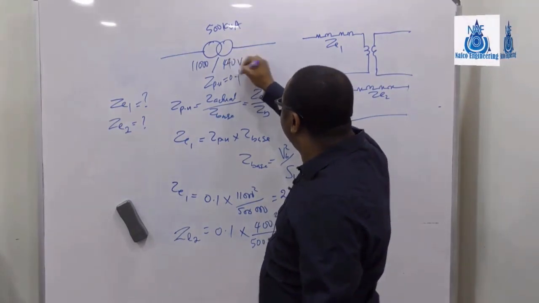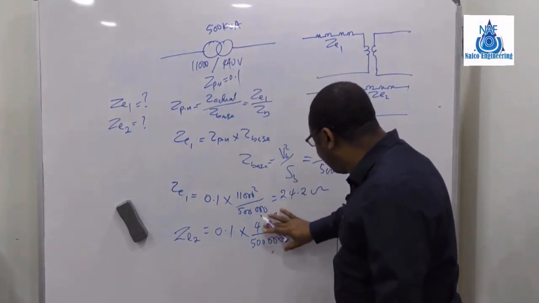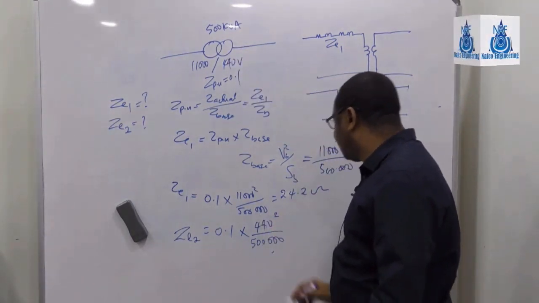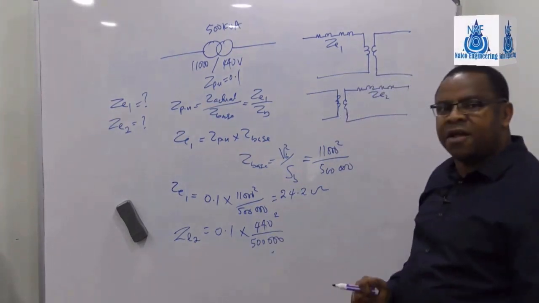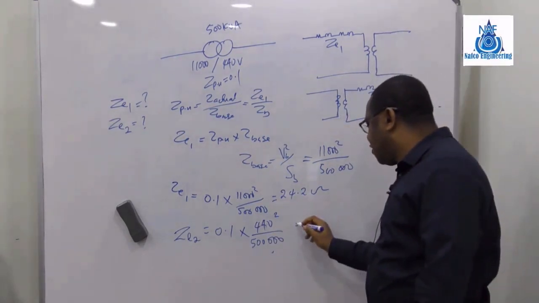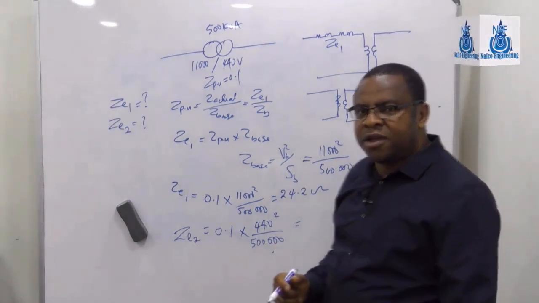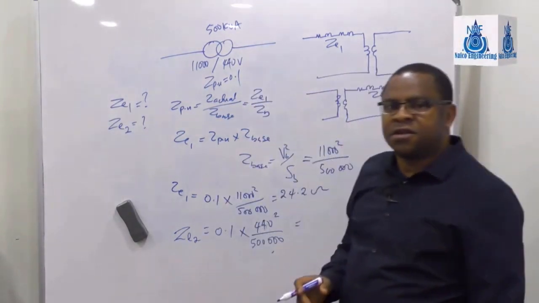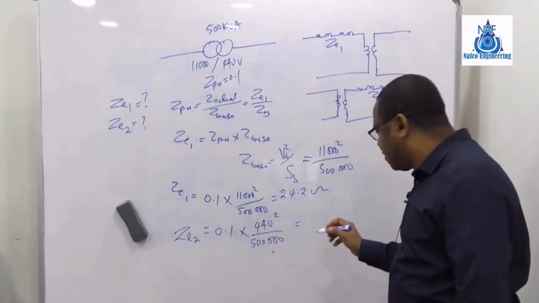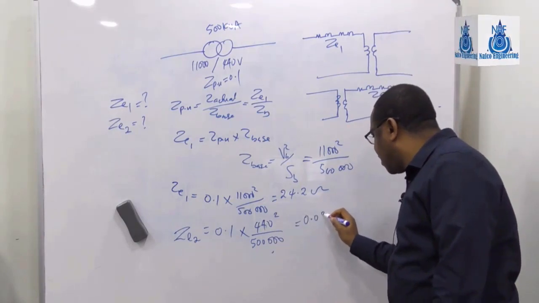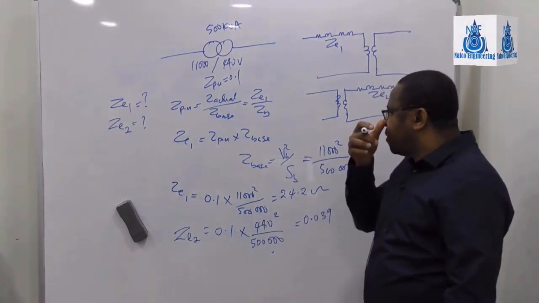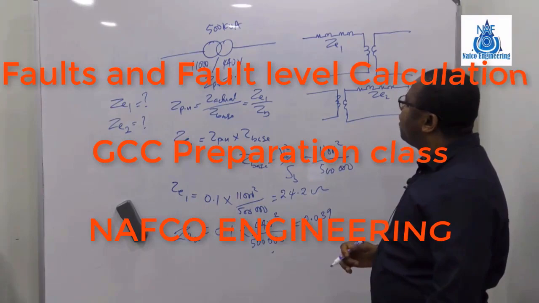So we just put 440 there. From your document, we have 440. All right? So that's all. So when you multiply out, you will get 0.039. Did you get that?